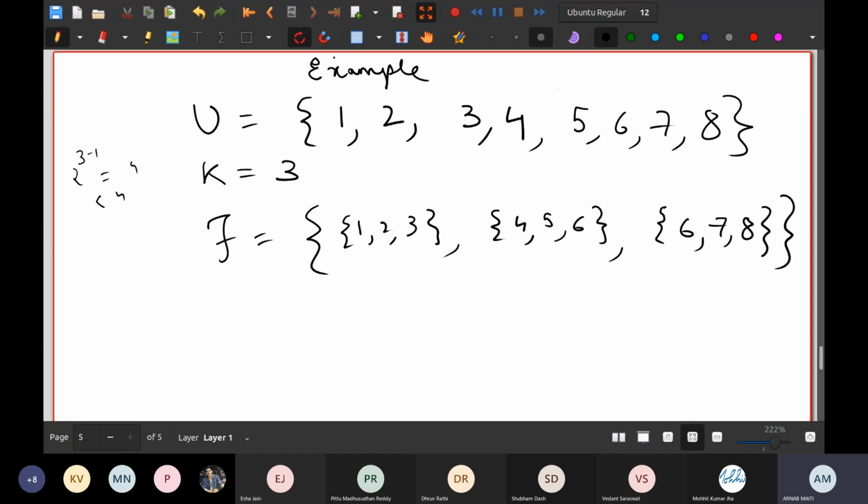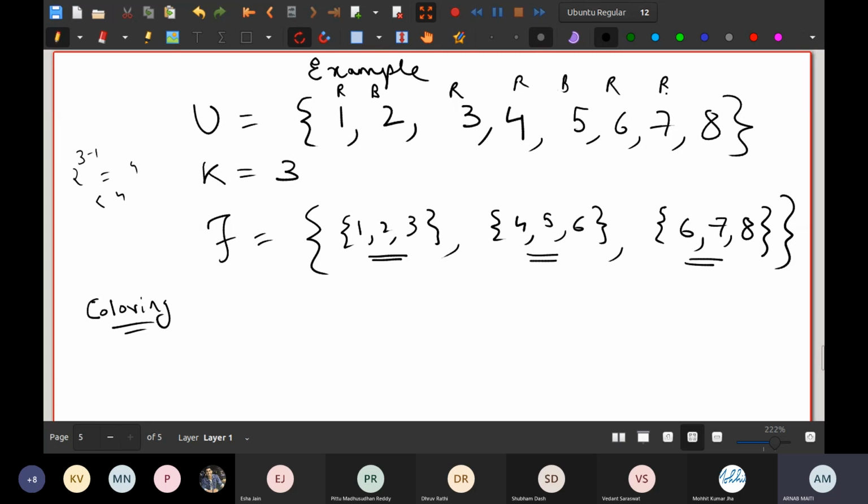Okay. Now I want to color each number, say, with either red or blue. So what I am claiming is, we can find one coloring such that the colors in each subset are not all the same. So let me show one example. Say you color this by red, then this by blue, this by red, then this by red, blue, red, and then blue, blue.